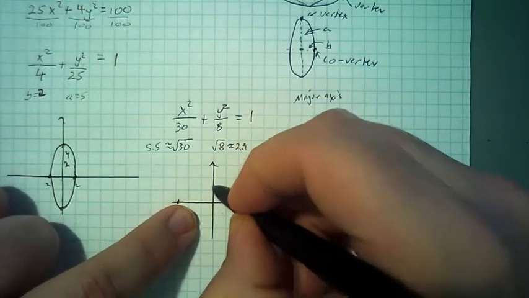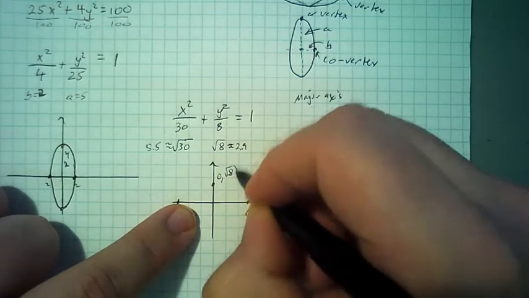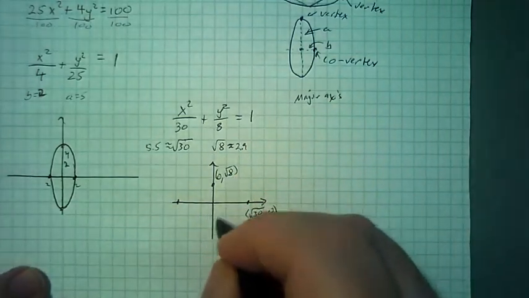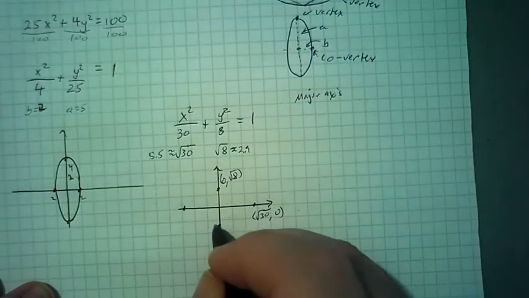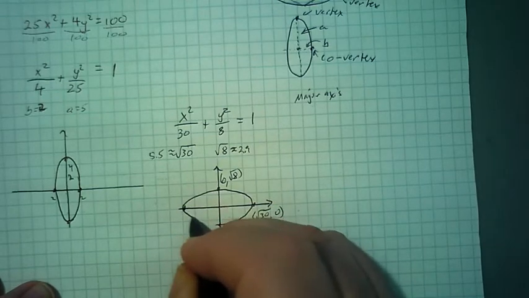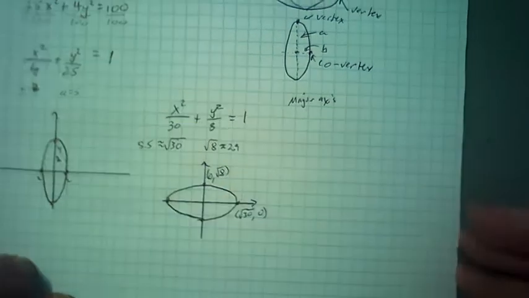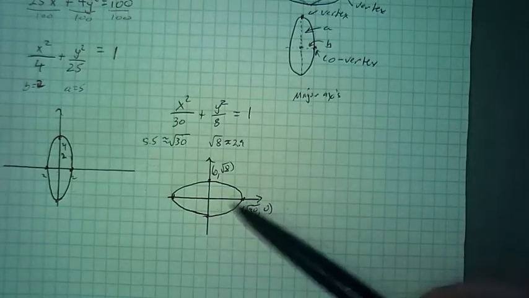And then this should be here, which is 0, square root of 8. And down here, there's my ellipse. Your instructions may ask you to identify the foci.